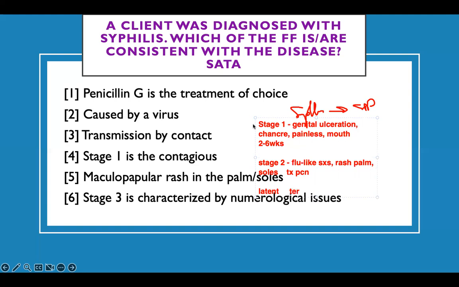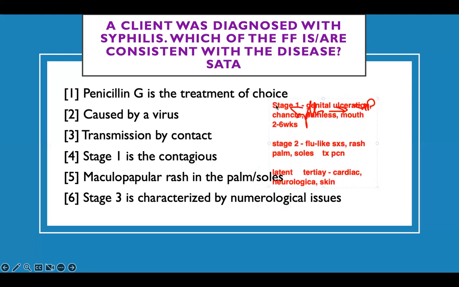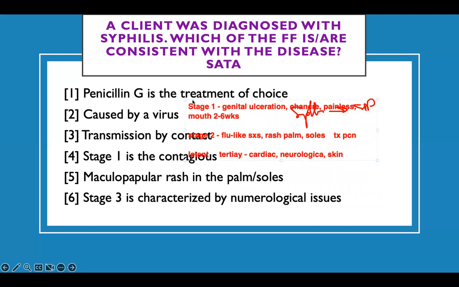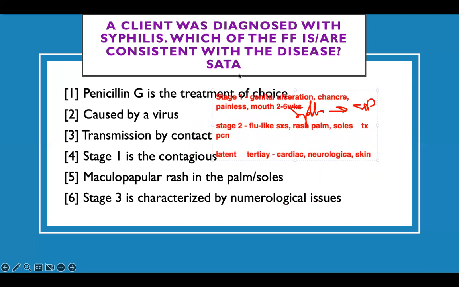Then later on, they go into the tertiary stage. The tertiary stage is where they have cardiac issues, neurological issues, and skin problems, like subcutaneous nodules. So these are some of the stages of syphilis and how to recognize them.